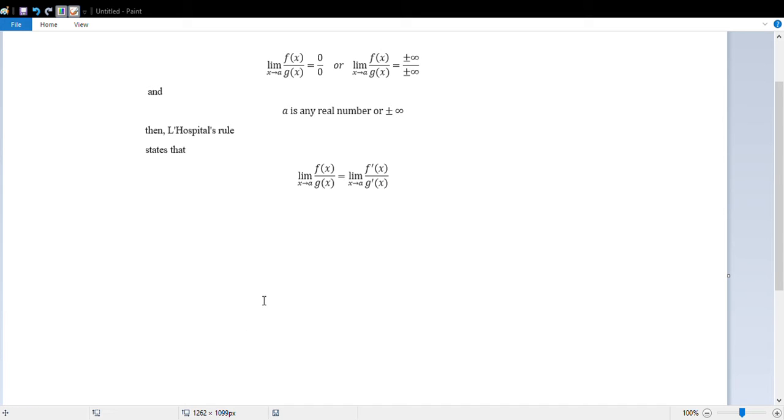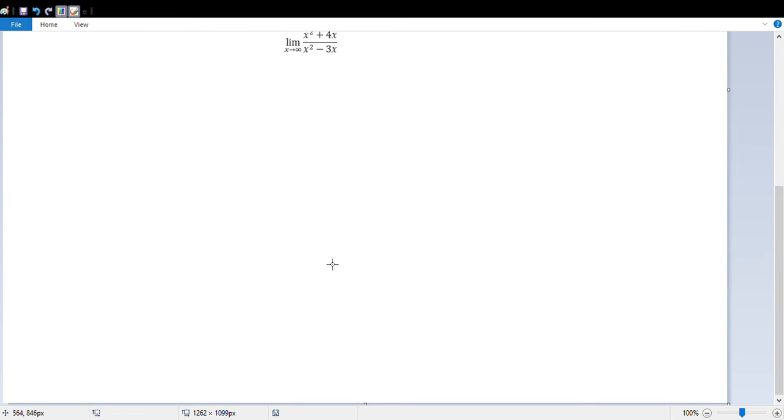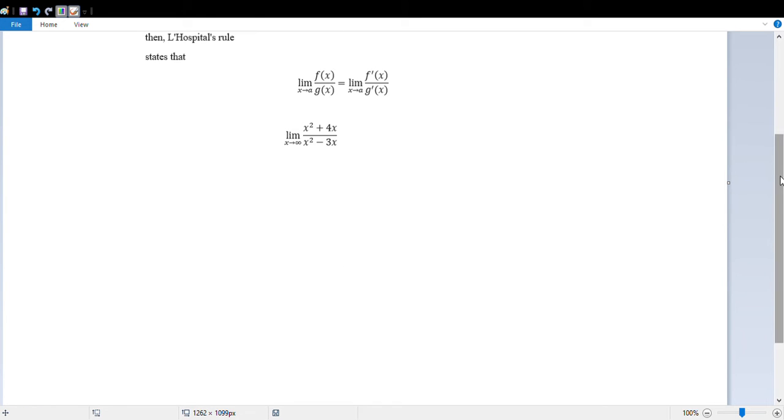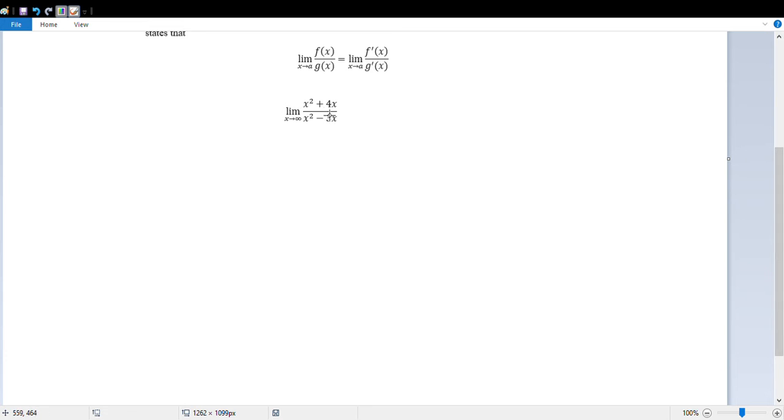So let's take a look at another example. On this one here, if we plug in infinity for the x value, we'll get infinity on the top, infinity on the bottom. That's indeterminate. Let's apply L'Hopital's rule.